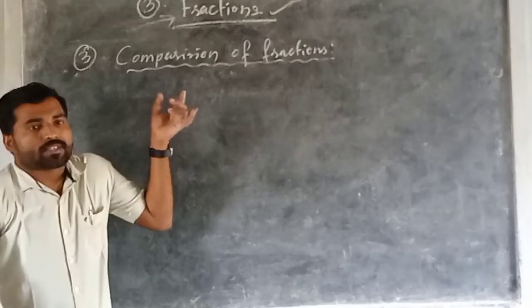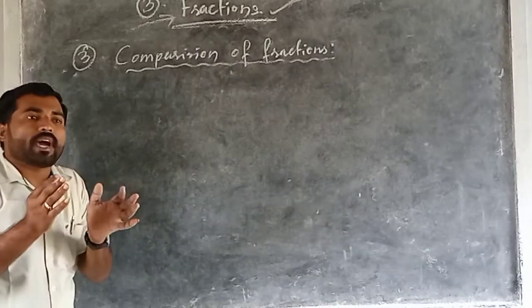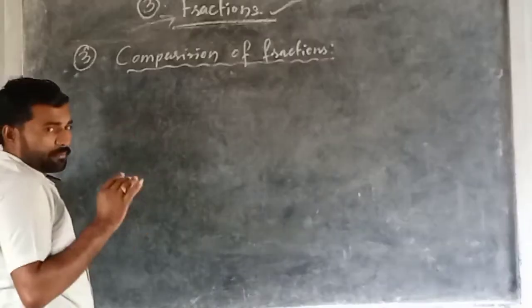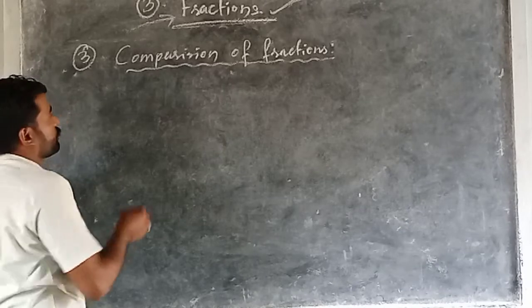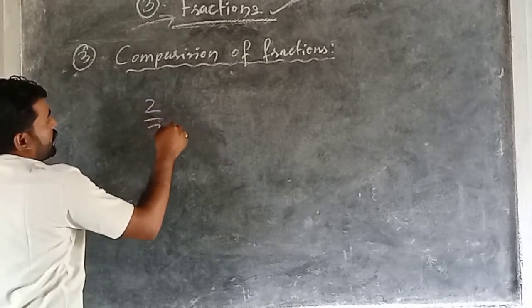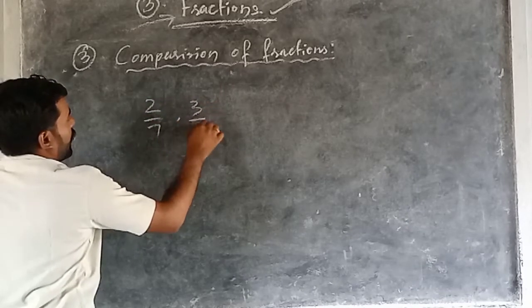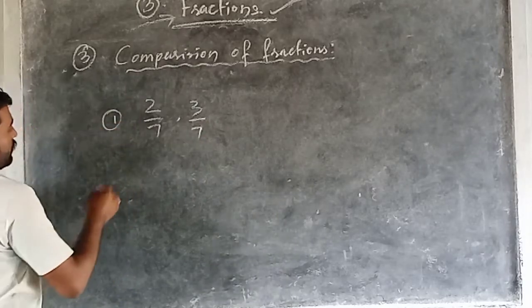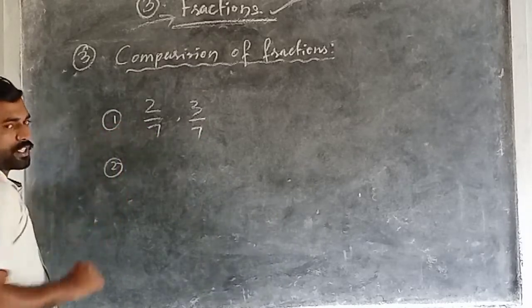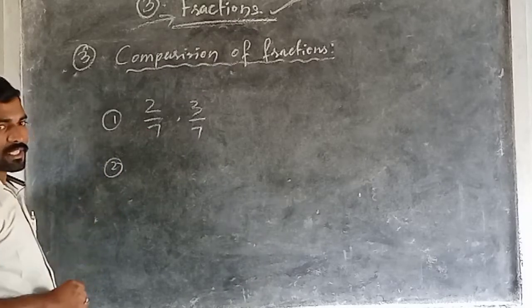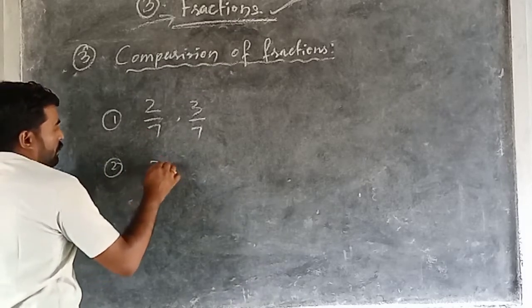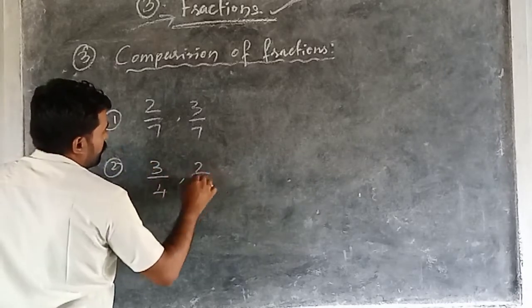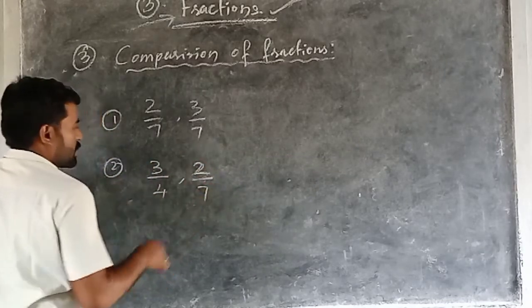Comparison of fractions. We have to compare two or more fractions. First, suppose I am writing some fractions here: 2 by 7, comma, 3 by 7. This is the first case. I am writing the second case: 3 by 4, comma, 2 by 7.